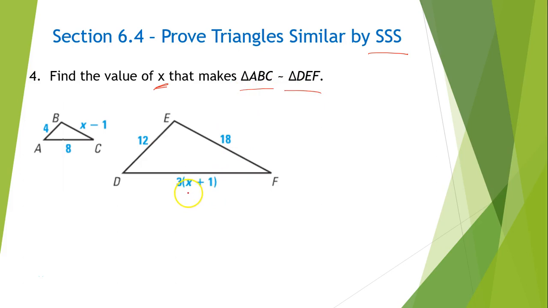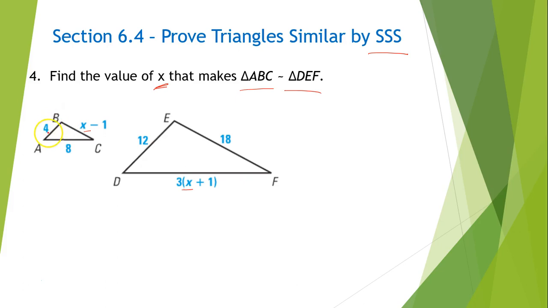There are actually a couple of different ways we can go about it, and I'll show you both. Because we have an x value here and an x value here, there are two separate equations that we can set up, and they're both going to equal the same thing, and you will see that. So let's set up the proportions because we're applying the side-side-side.